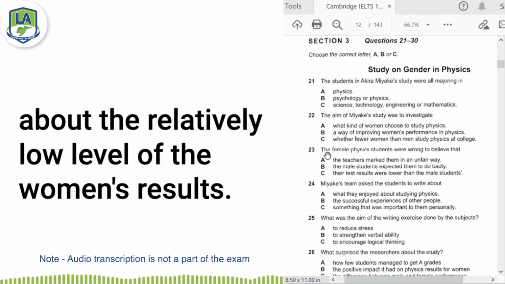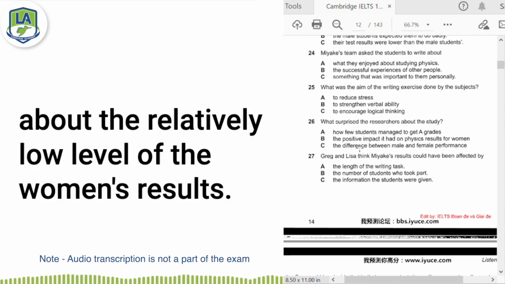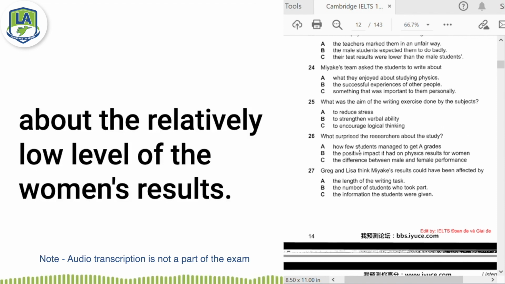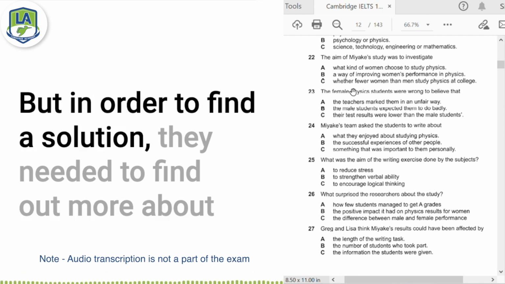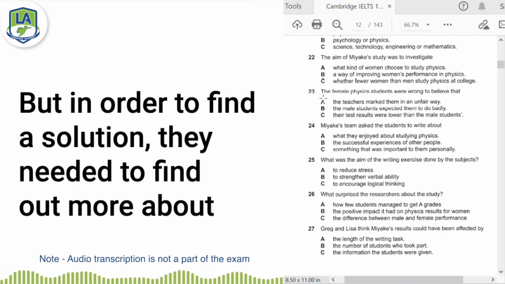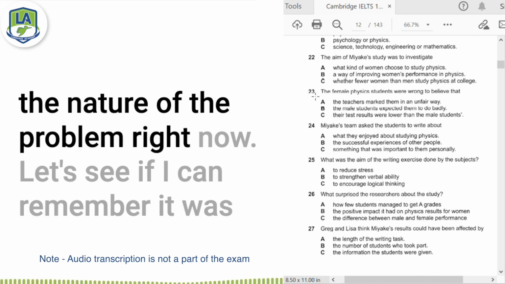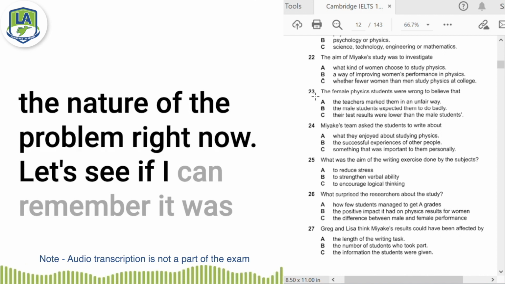Now we have to focus on what the female physics students were wrong to believe. What mistake were the women students in physics making? But in order to find a solution, they needed to find out more about the nature of the problem. Right. Now, let's see if I can remember.